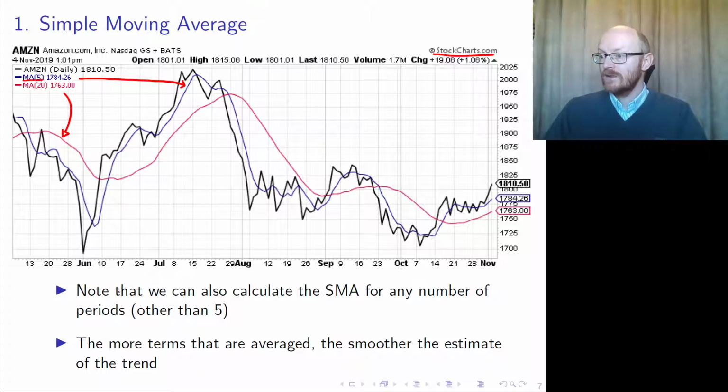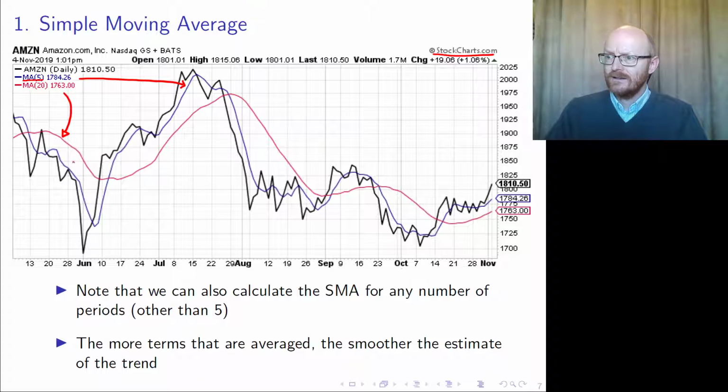Okay, so what you can see is that the blue line, the 5-day moving average, is hugging the daily price process quite snugly, right? Whereas if you add more lags, then you get a more smooth process, okay?